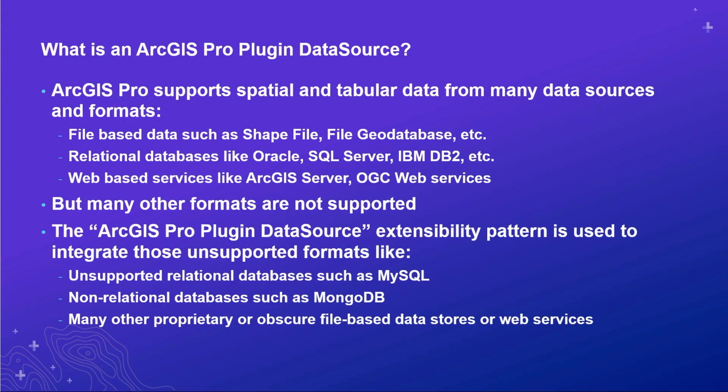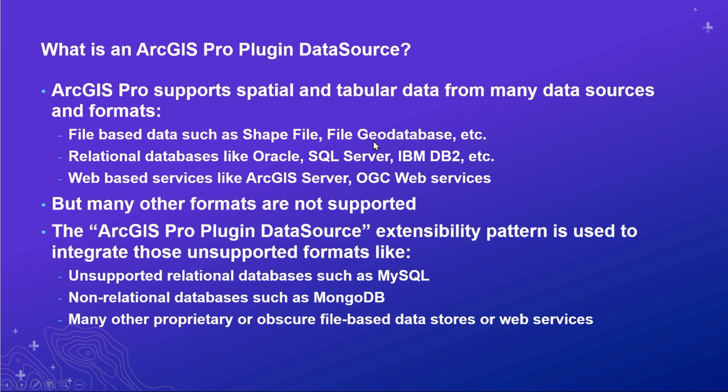So our next extensibility pattern is the Pro plugin data source. So what is a plugin data source? So we know that Pro supports spatial and tabular data from many data sources and formats. File-based data such as shapefiles, file geodatabase, etc. Relational databases like Oracle, SQL Server, IBM DB2. And then web-based services like ArcGIS Server or OGC Web Services.